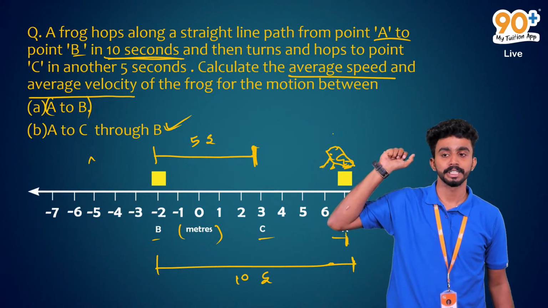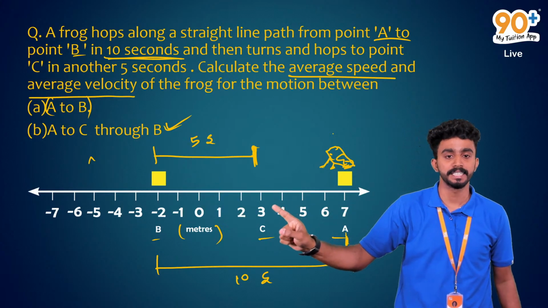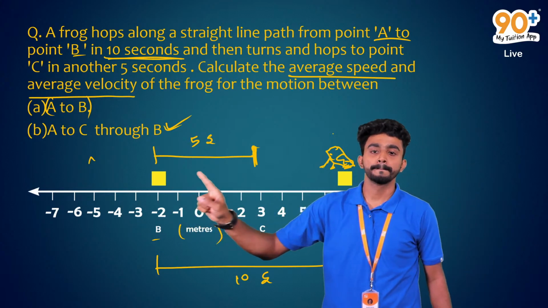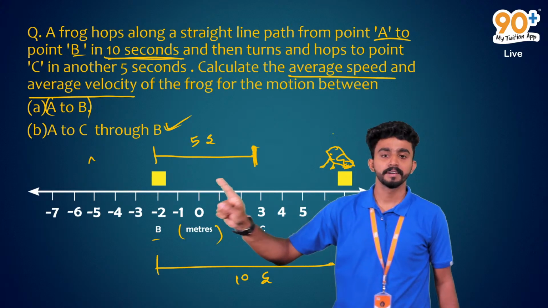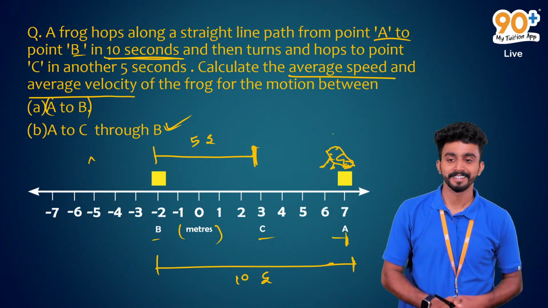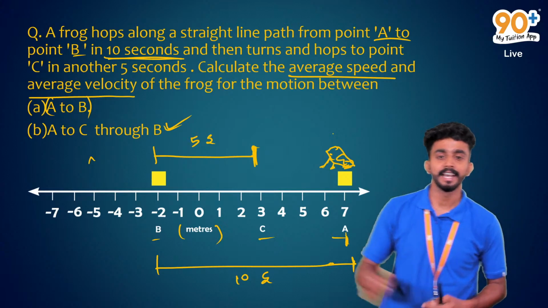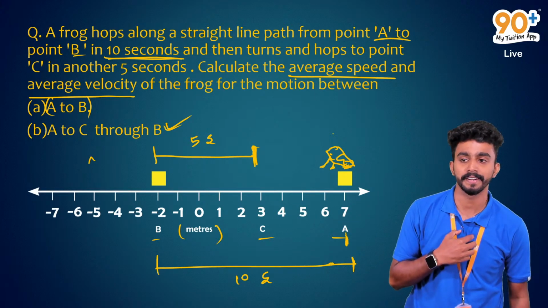And then it goes back to point C. So it will be minus 2 plus 3, right? Oh, so then displacement will be 4. Yeah, 5 minus 2 will be 3 and 3 plus 3 will be 6, right?